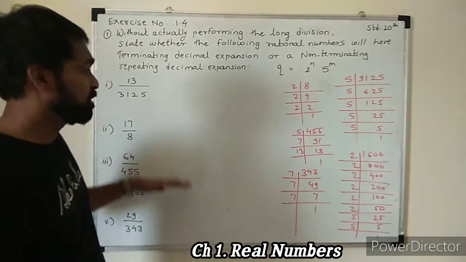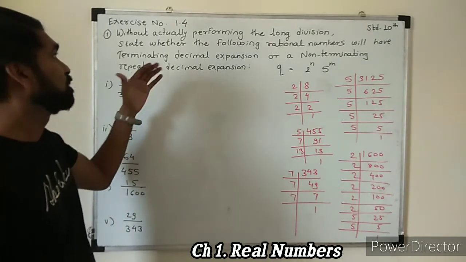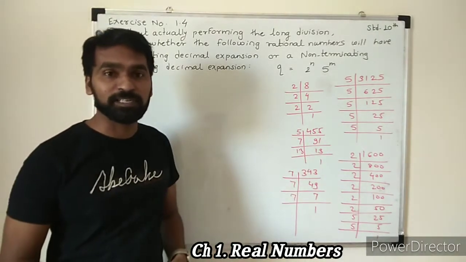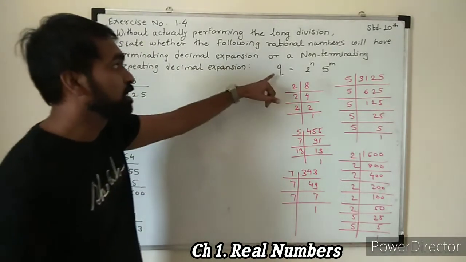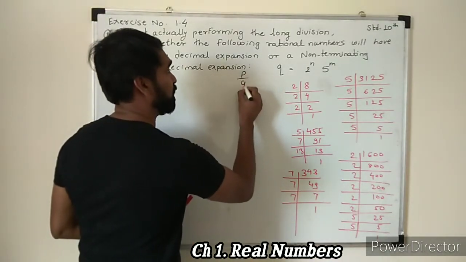Here some examples are given, stating which are terminating decimal numbers or non-terminating repeating decimal expansions. See first: a rational number, all of you know, is in the form of p upon q.